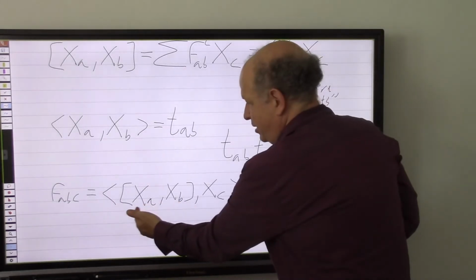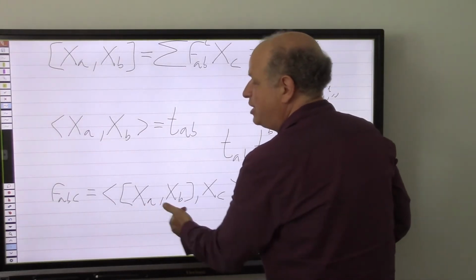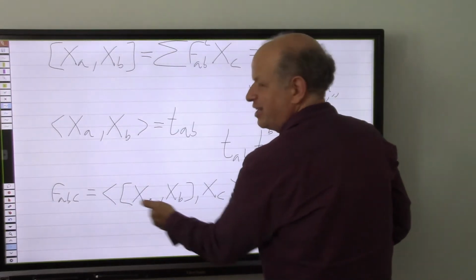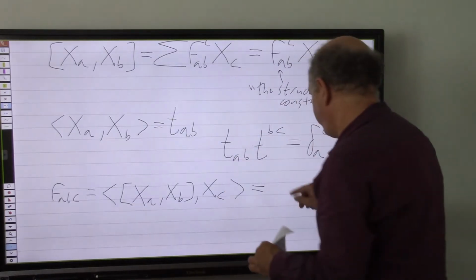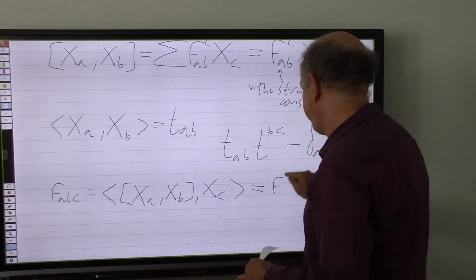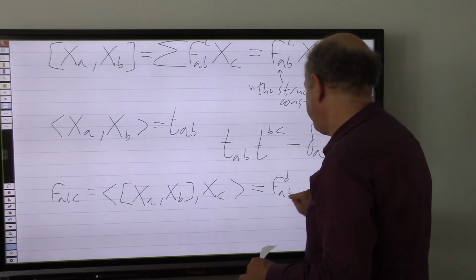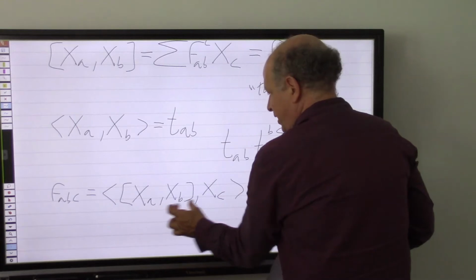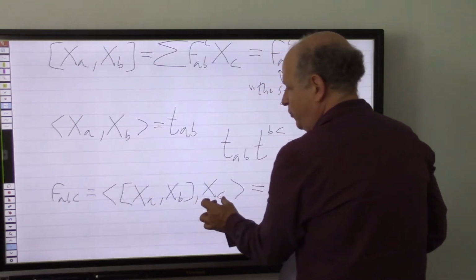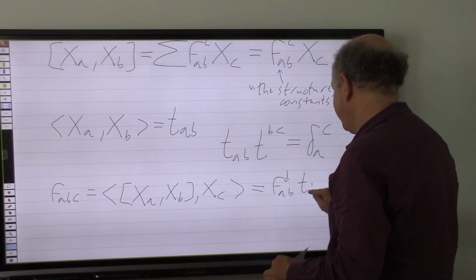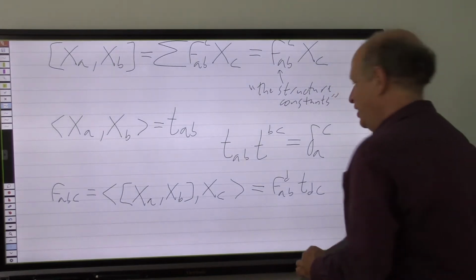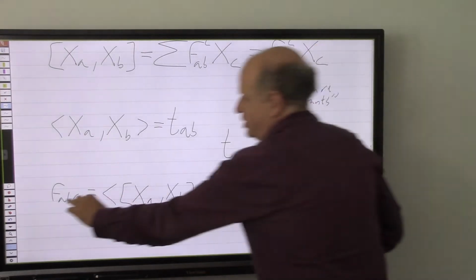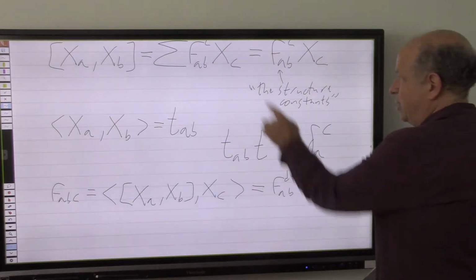This becomes a sum over D of F_AB^D times X_D, and then I take the inner product of X_D with X_C, which just means that I multiply this with T_DC. Again, I don't need to write the summation, it's implicit. So this symbol is determined by the previous two.